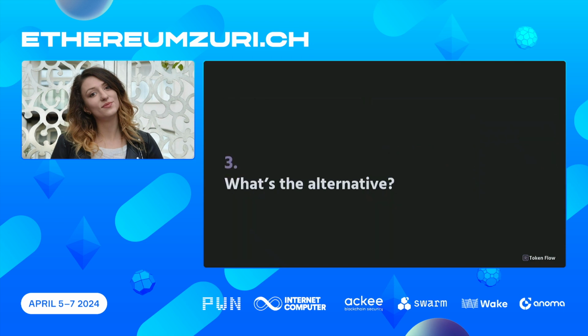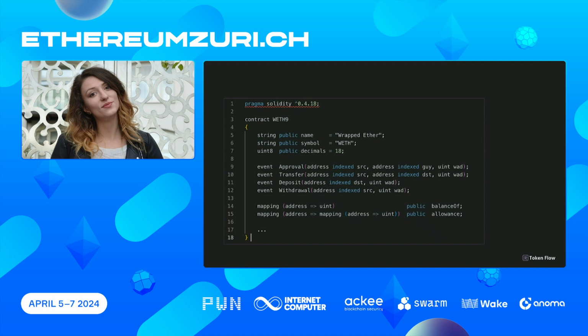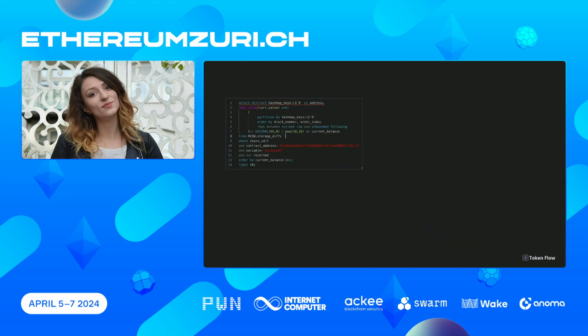So maybe they would stop emitting events. What would be an alternative? Going back to the same WETH contract, all the way to the bottom, you see two lines, balanceOf and allowance. Those are storage variables. Pretty much they tell you the balance of a particular account in WETH. With the data that we are doing, you're able to do something like that.